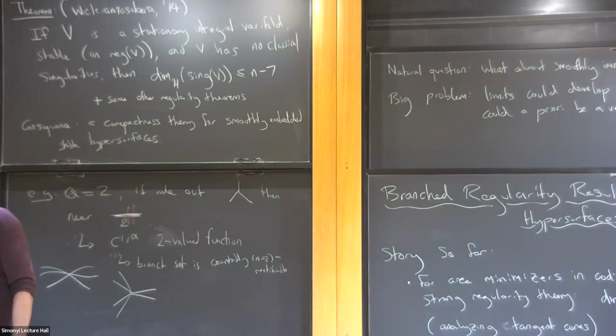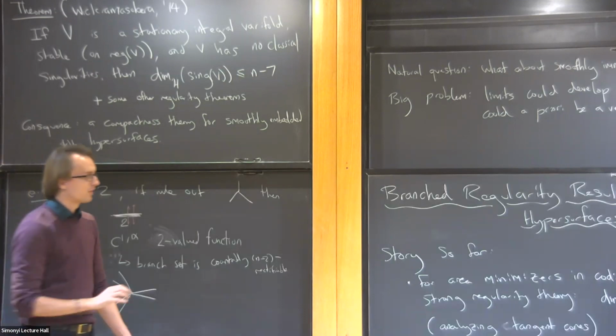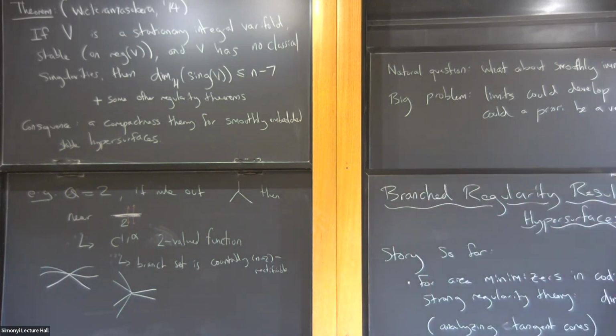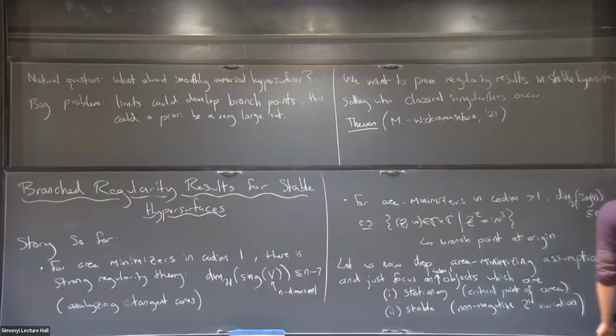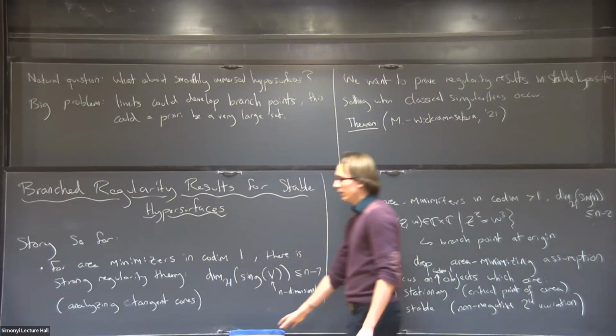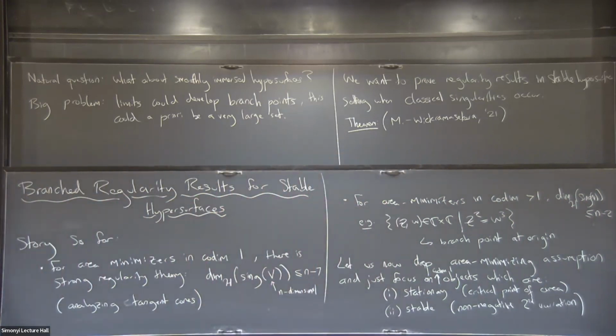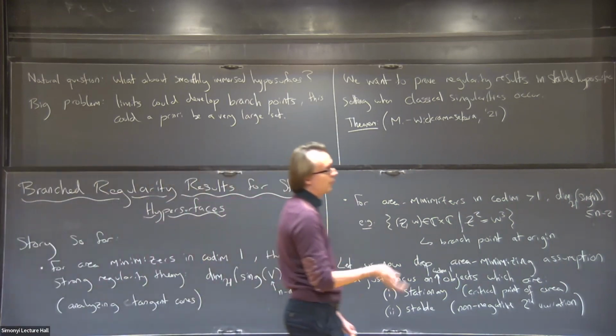So this is good. It says in some sense, and maybe I should think about that more, that you can't get certain branch points in certain limits of smoothly immersed things. But the next natural question from this is, can you go further?